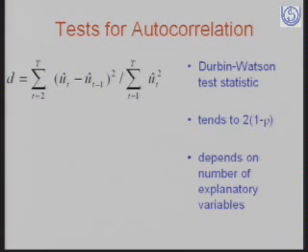But if there is autocorrelation, it will deviate from 2. It could be either less than 2 or more than 2. If d, estimated as given on the monitor, is around 2, then there is no autocorrelation in the model or in the data set.